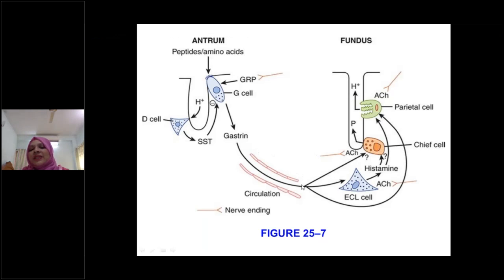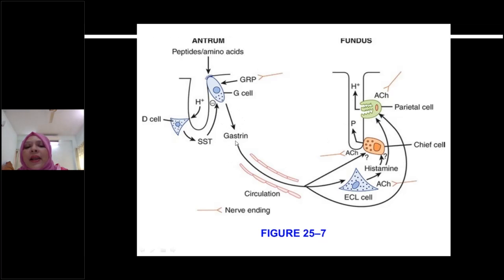So this is the role of gastrin here. It stimulates three things: ECL cell which secretes histamine, chief cell to secrete pepsinogen, and gastric parietal cell to secrete hydrochloric acid.